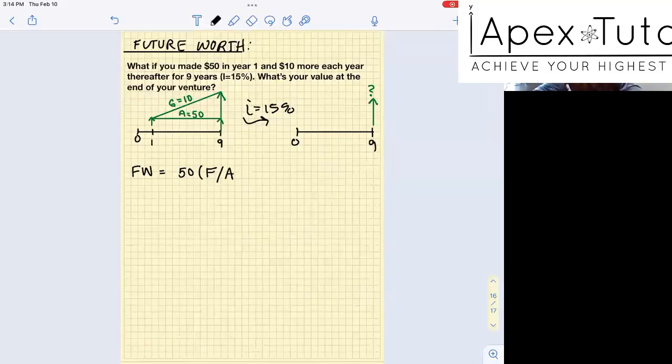So F given A, and what's your interest rate? 15. How many years? 9 of them. Okay. And then we also have that $10 that is also green pointing up, so it's positive. And what should we multiply it by?